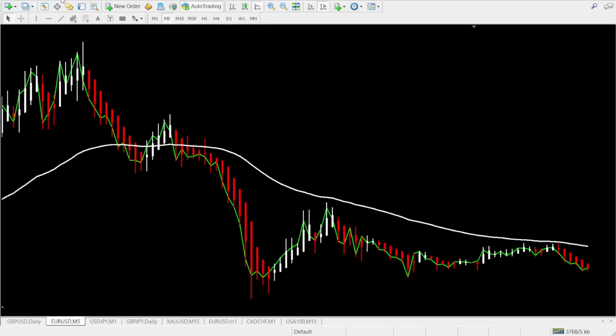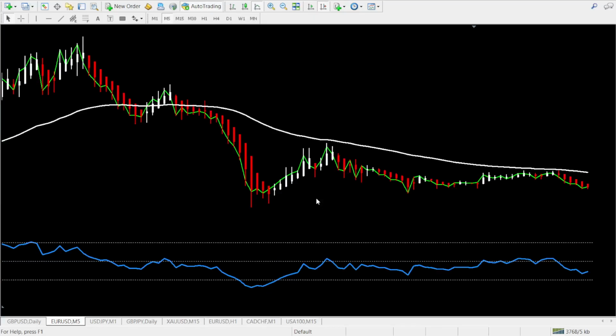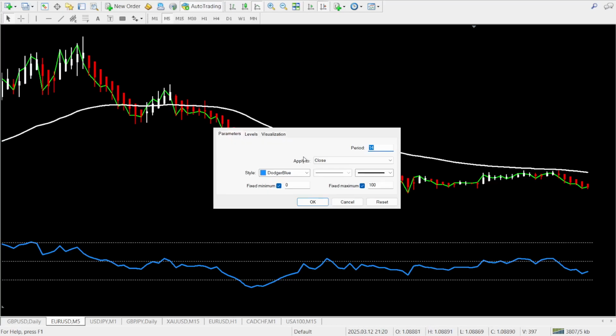Then another indicator that can be used is the relative strength index, or the RSI for short. It helps to confirm overbought or oversold conditions.